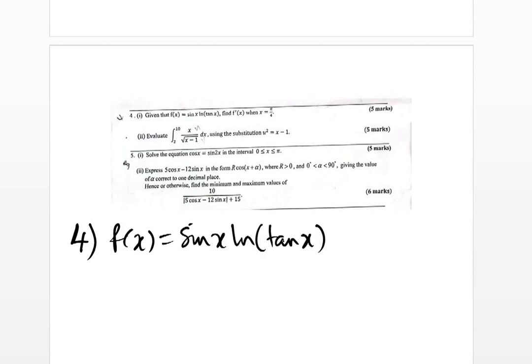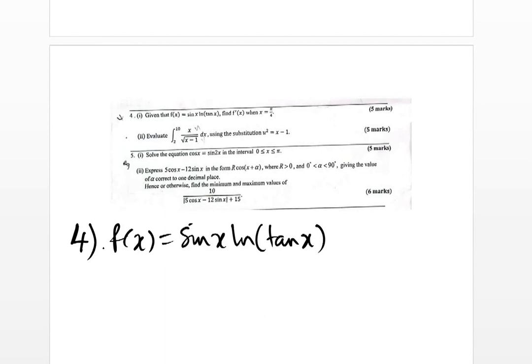Question 4, we have here question 4. Given that f of x is sin x ln tan x, find f prime, which means the first derivative, when x is pi over 4.